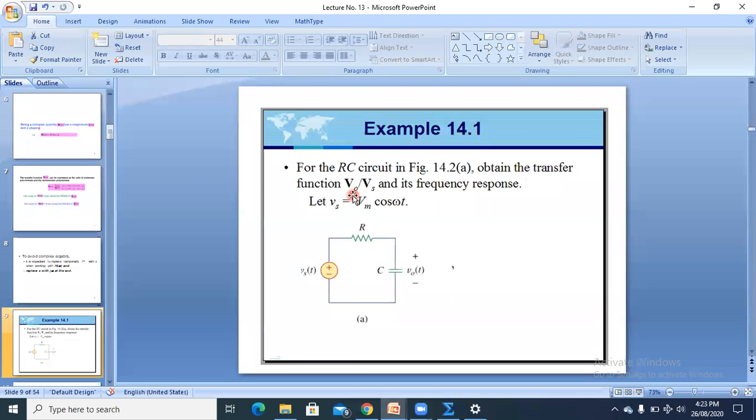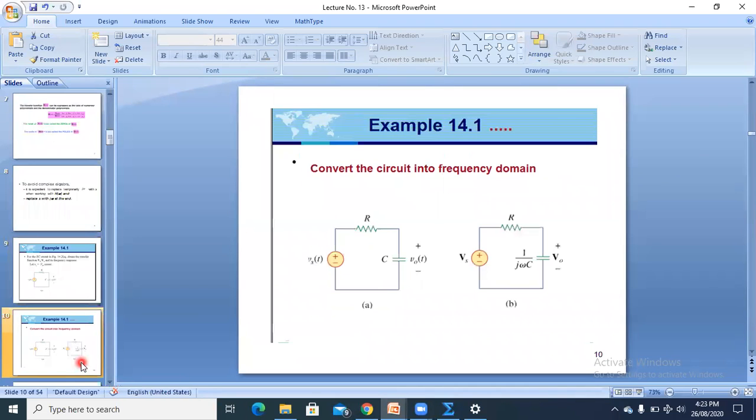We have to find V out by Vs and its frequency response. For this, we transform the circuit into the phasor representation or the frequency domain. So this is the frequency domain representation of the circuit.